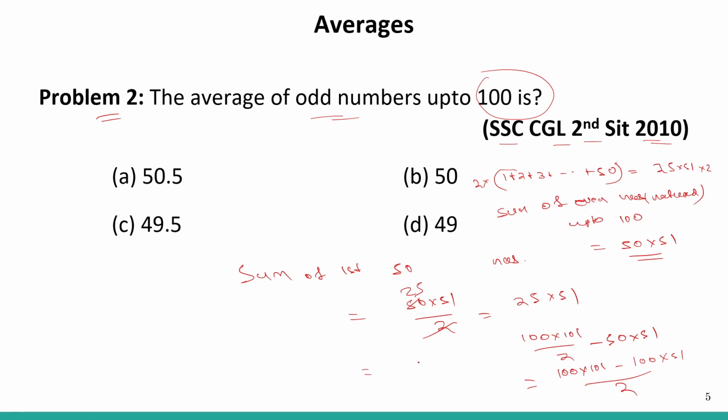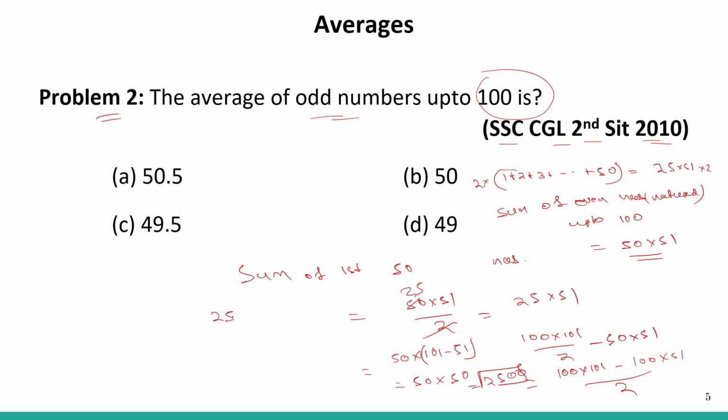If I take 100 common, it will be 50 into (101 minus 51), because after taking 100 common we divide by 2 and are left with 50. So this is equal to 50 into 50 is equal to 2500. The cumulative sum of all odd natural numbers up to 100 is equal to 2500.